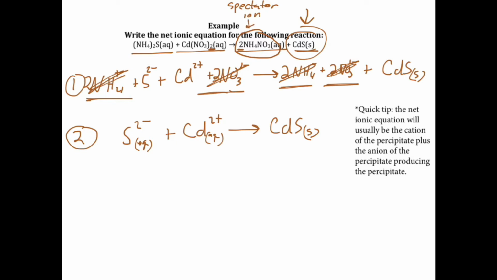So again, the aqueous product contains the spectator ions, and the solid product contains the ions that are part of the net ionic equation. So let's go ahead and do some practice problems.